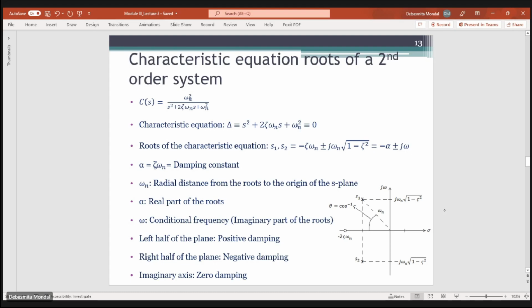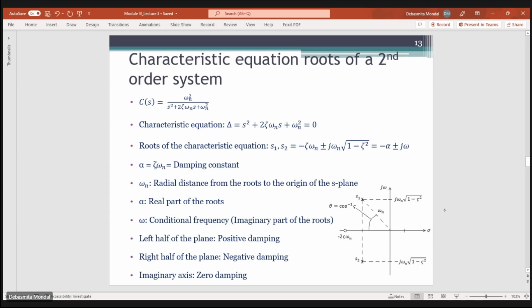Then the values of s1 and s2 are given by minus zeta omega n plus minus j omega n square root of 1 minus zeta square. So let us write this as minus alpha plus minus j omega, right?